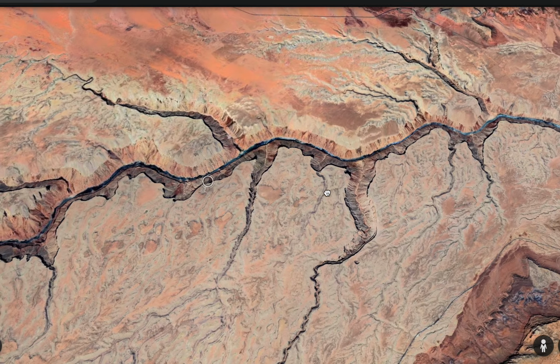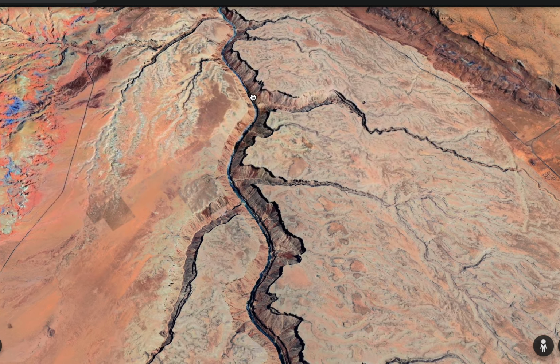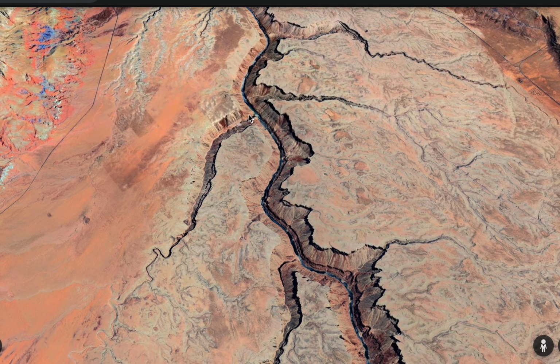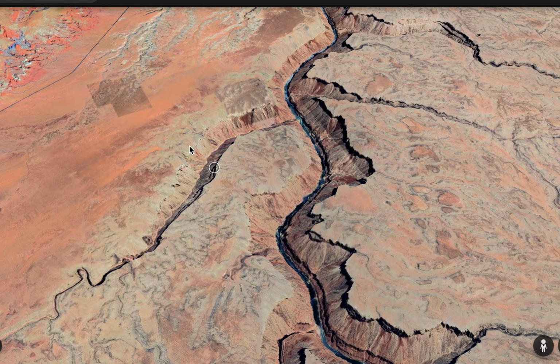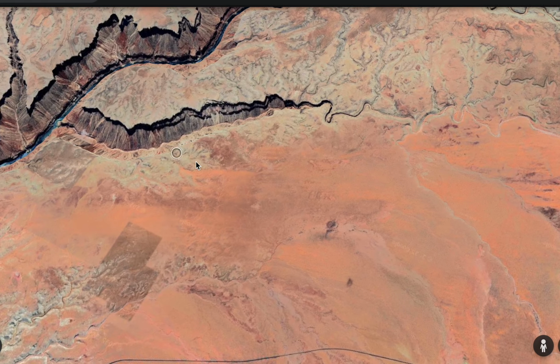So let's look at this. Colorado River's flowing this way. How is the Colorado River's direction going to have anything to do with this canyon being formed? Right? It's occupying a completely different space.